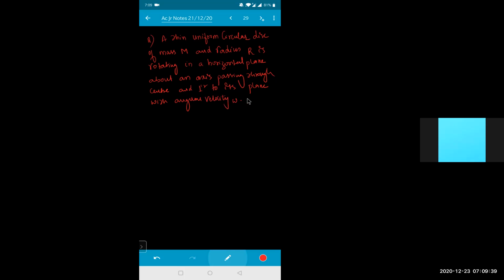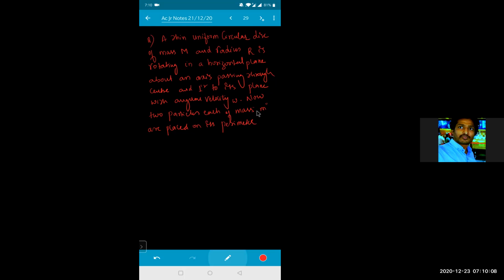Now two particles, each of mass m, are placed on its perimeter along a diameter.